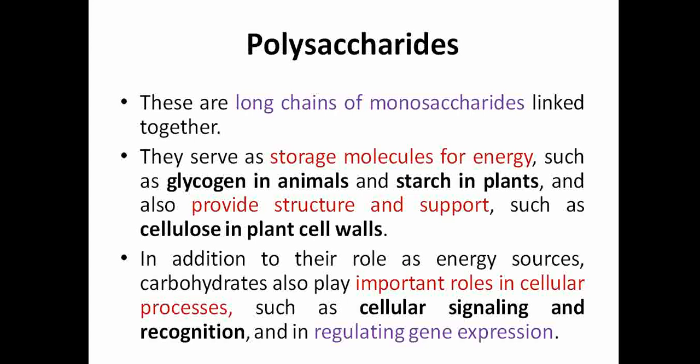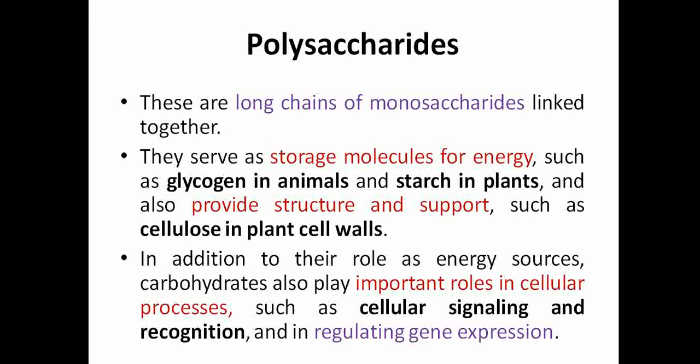In addition to their role as energy sources, carbohydrates also have important roles in cellular processes. What are cellular processes? For example, cellular signaling from cell to adjacent cell is needed for many functions, such as muscle contraction, muscle relaxation, and the signals we get from the brain. Also recognition, and polysaccharides are also used in regulating gene expression.